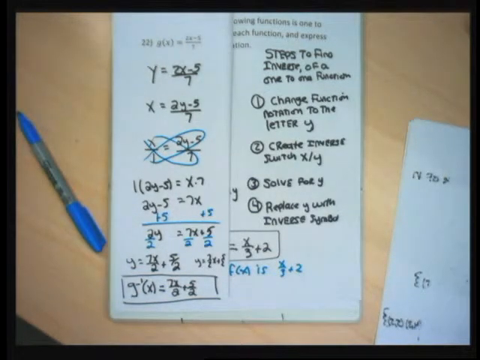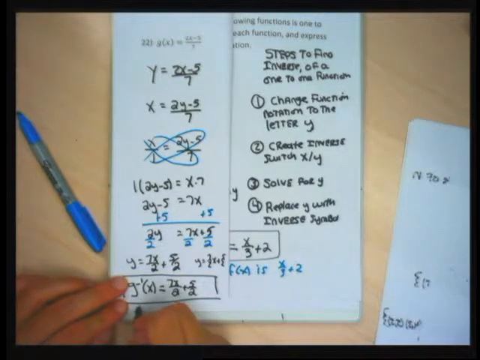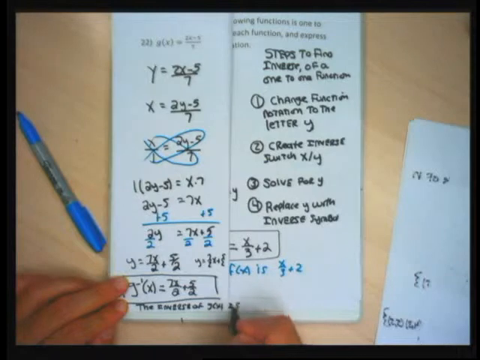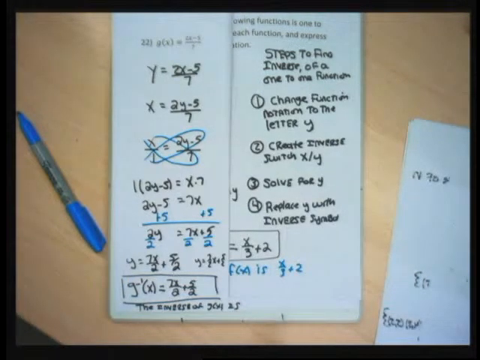I've just had best success sticking to this form of the answer. Again, a mathematician would read this answer as the inverse of g of x. The equal sign is, and then 7x over 2 plus 5 over 2.